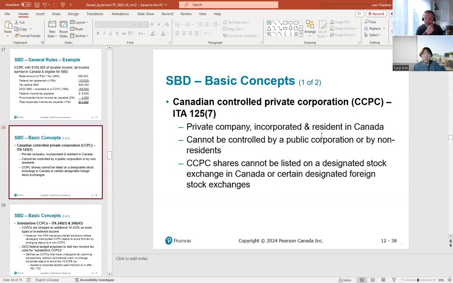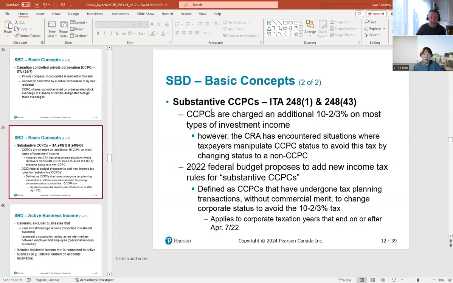And also cannot be listed on a designated stock exchange in Canada. So basically no trades here.